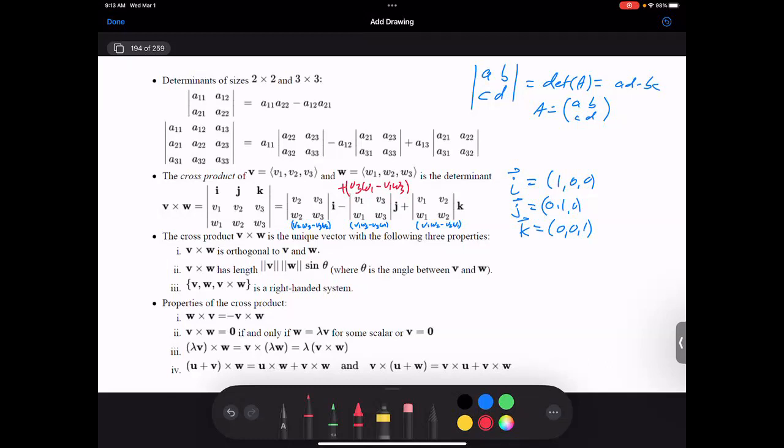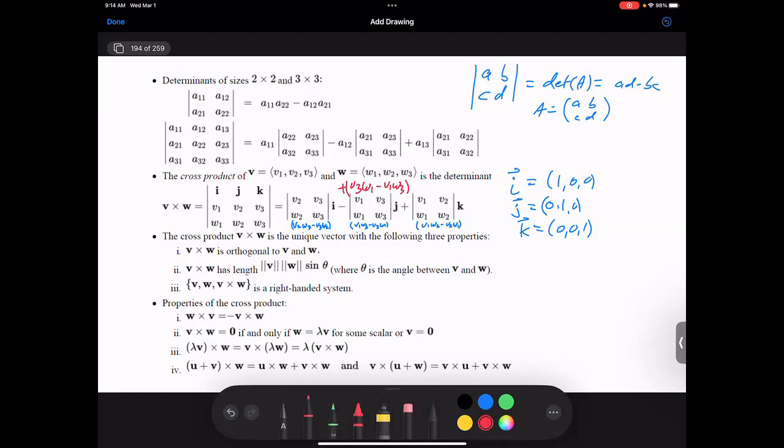Most of the time, it's not a huge deal if you're off by a minus sign, but you do have to be careful about this. So when we're trying to figure out which way does V cross W point, it's normalized so that if I take my hand and curl it from V to W, my thumb is pointing in the direction of V cross W.